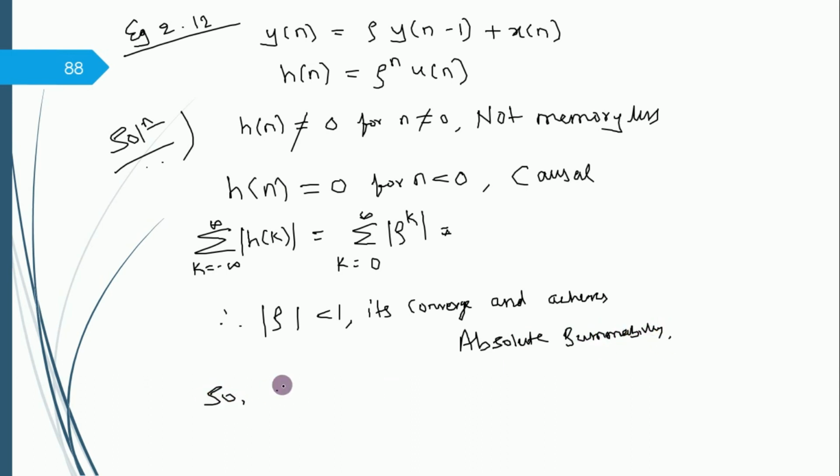So the system is stable only if mod of rho is less than 1. This completes your system properties and the relation between system properties and the impulse responses.